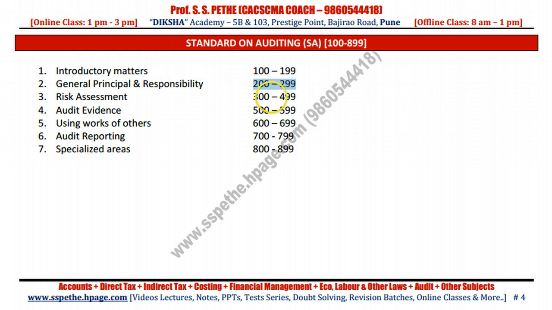Risk assessment is covered from 300 to 499. Audit evidence from 500 to 599. Using work of others 600 to 699. Audit reporting 700 to 799, and specialized areas 800 to 899. So all these matters are divided into different segments and respective codes are mentioned here.